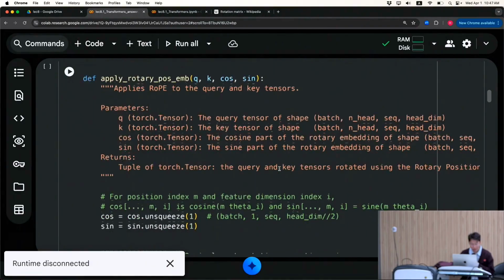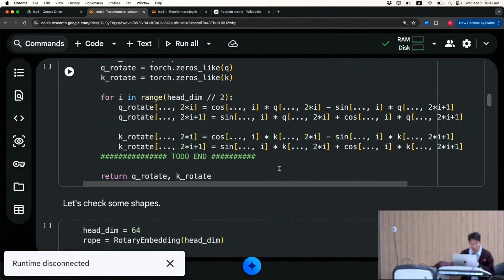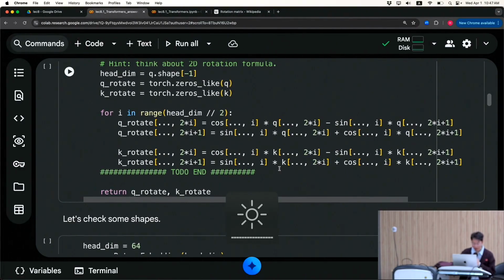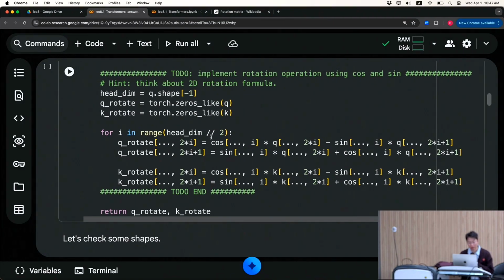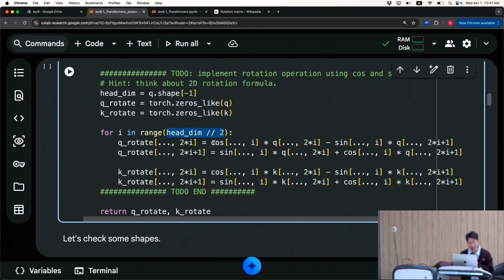Okay, so it's easy, right? You just slice it in pairs and take the query, and this is the sliced pair.